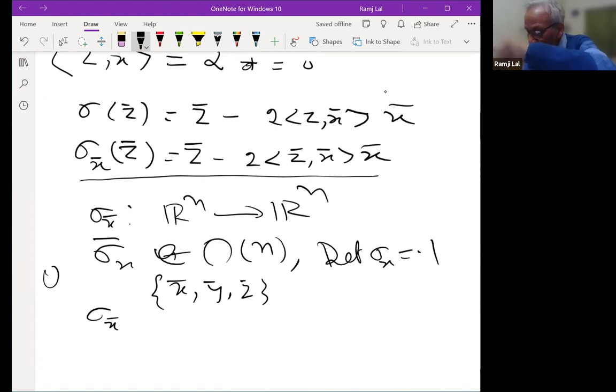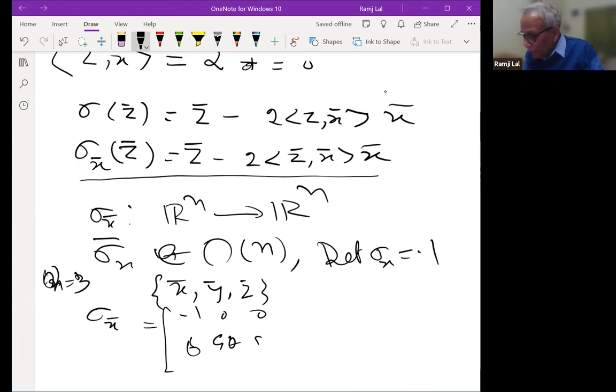So suppose in the 3 case I'm taking n equal to 3. In general, I'll come here. So what will be sigma x bar in that case? X bar goes to -1, so this is -1, and here it is simply again cos theta, sin theta, minus sin theta, cos theta. So every reflection has this form, say sigma x. Just write down, and you will be getting A, B, C, and so on.